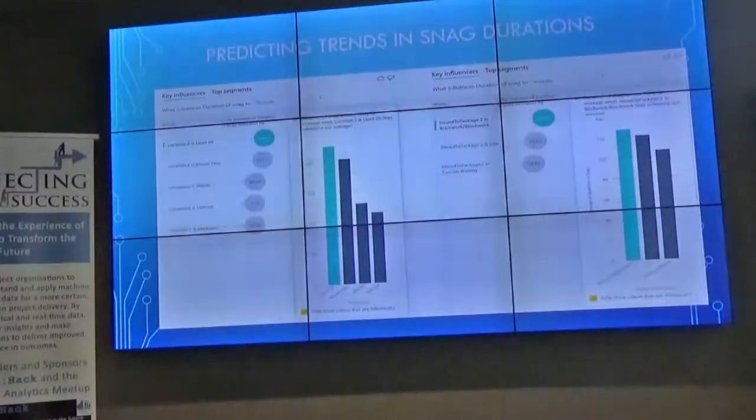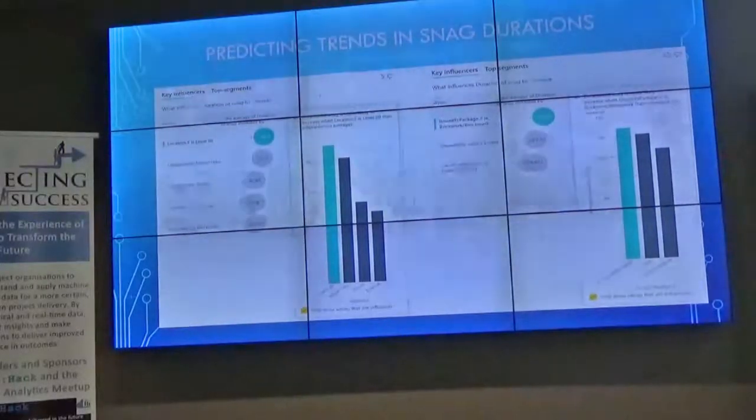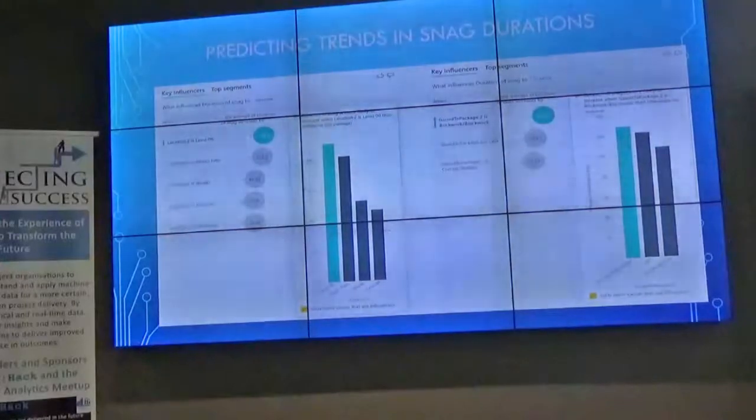For example, the duration of the snag will increase because of some of these factors, but we're not able to figure out what that description is. Location 2 is level 0, so that's increasing the duration of the snag, but if there was better quality data in terms of its description, we would have been able to be more precise.